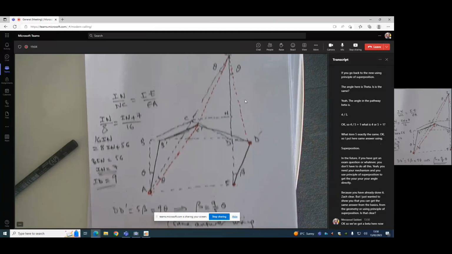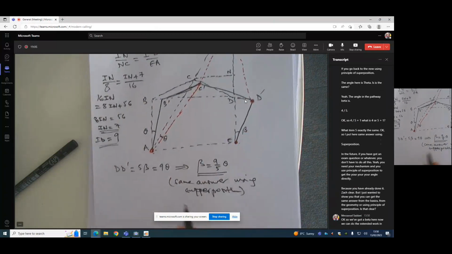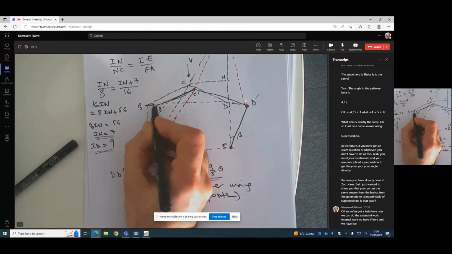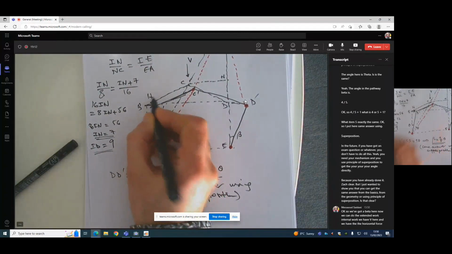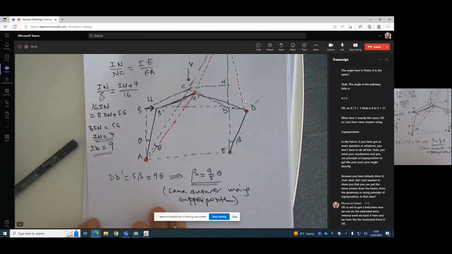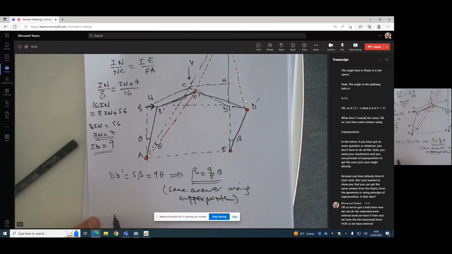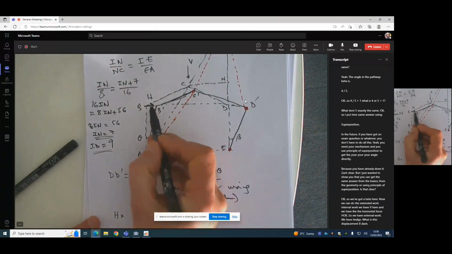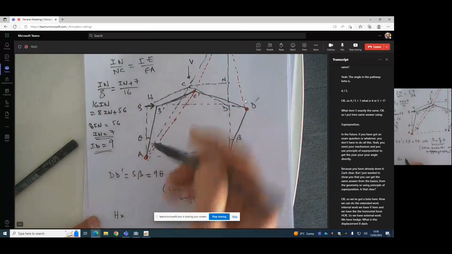Now we can do the external work and internal work. We have V here, and we have the horizontal force H. So we have external work: H times the displacement, what is this displacement? BB dash. Sorry, 5.